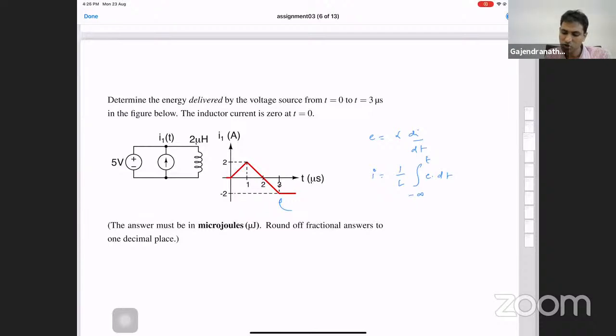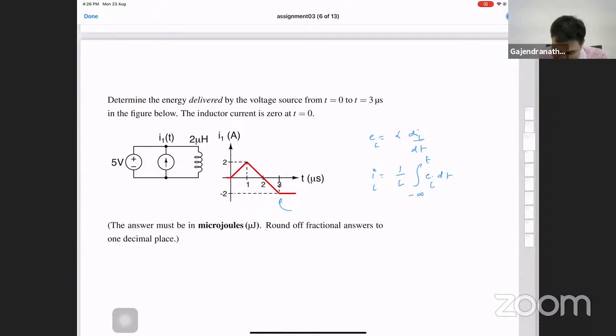Right? So either way you can find. So this is the current through the inductor, and this is a voltage. Voltage and current are related by these relationships. Okay. Now I would like to compute this current through the inductor and find the energy delivered by it.